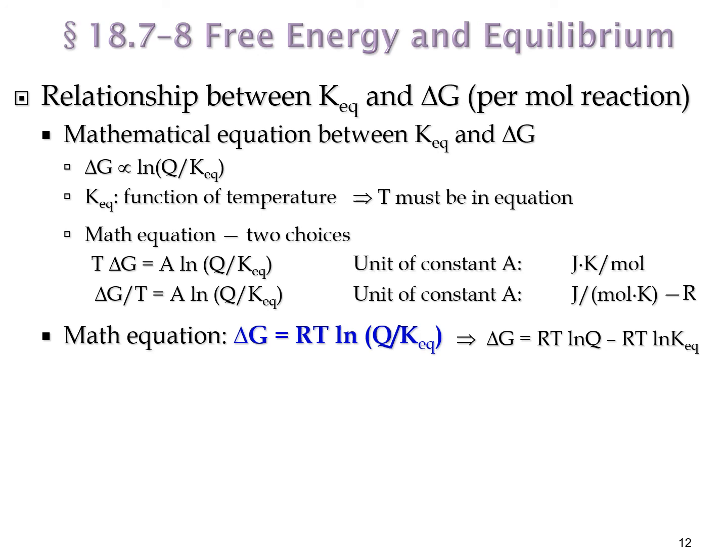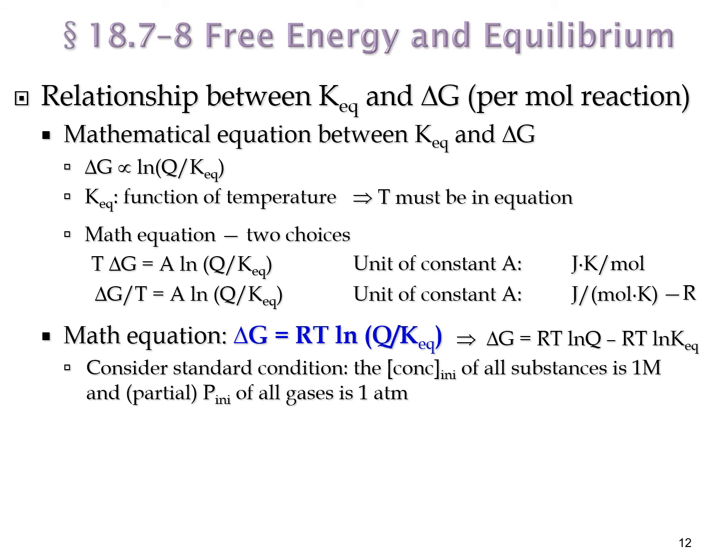We're going to put a little bit more math in this. Say we have a standard condition. The standard condition tells us the initial concentration of all substances must be 1 molar.